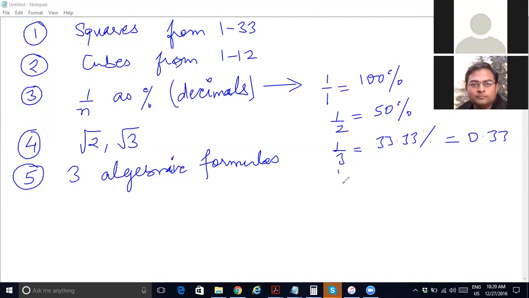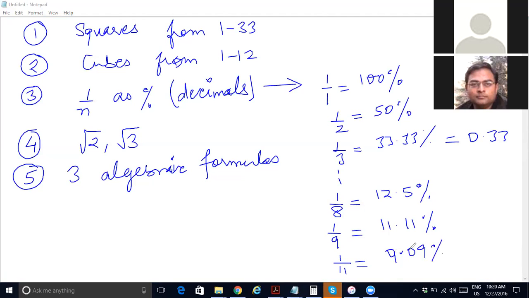The most important ones, which are very frequently used, are 1 upon 8, which is 12.5%, 1 upon 9, which is 11.11%, and 1 upon 11, which is 9.09%. Now the question is asking about 6 upon 11, I guess.